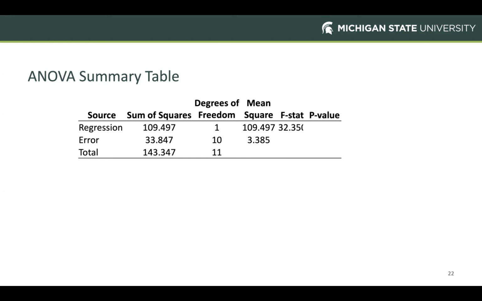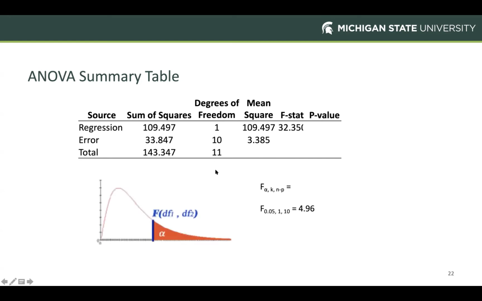And to use the F table, we need to consider our numerator degrees of freedom, which is 1 in this case, and our denominator degrees of freedom, which is 10. And so we'll find that at 0.05 with 1 numerator and 10 denominator degrees of freedom, our critical value is 4.96. We're well beyond that and far out into the tail.